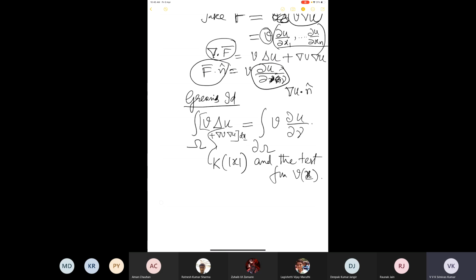This should be our K, and K is a function. And what should be the domain here?